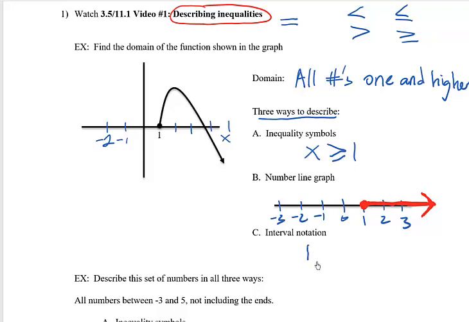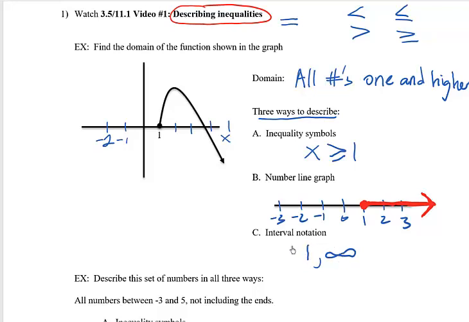That would be 1. Then put a comma, and then put the number that you colored in farthest to the right. That's kind of a strange question because this arrow means it goes on forever. We have a name for that in math. It's called infinity. Infinity is like a sideways 8. That's the symbol for infinity. This means all numbers from 1 to infinity.